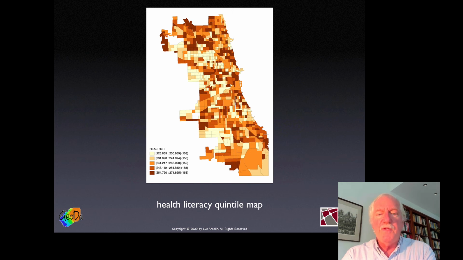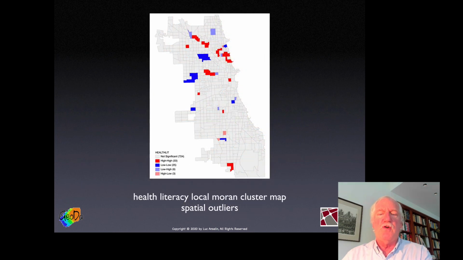The reason I bring up this particular example is that unlike a lot of the previous maps where we saw groupings of similar observations, so they tended to be dominated by clusters, this particular one has a lot of spatial outliers. So first analysis is a local Moran, and you see these high-low outliers, and then the low-high outliers. Many more, 9 in this case, than you typically see in your standard analysis.